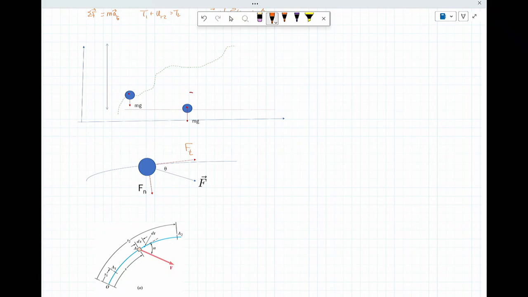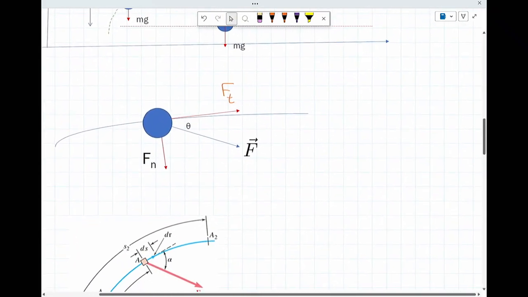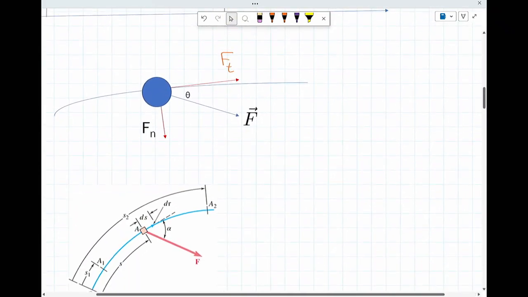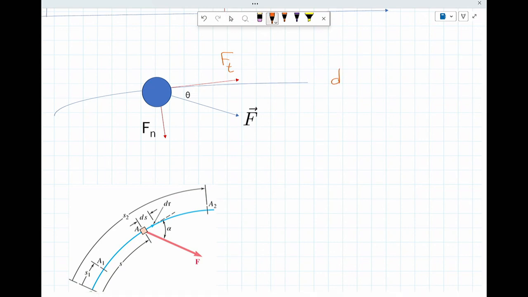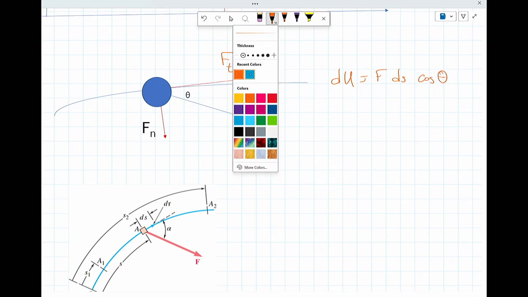In the process of looking at this, let's blow that up a little bit. I can write the work done on a path as F ds cos theta.